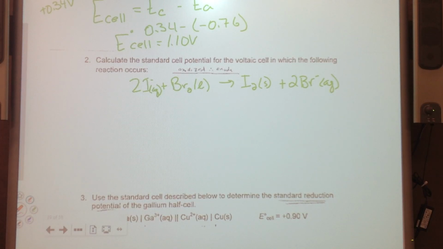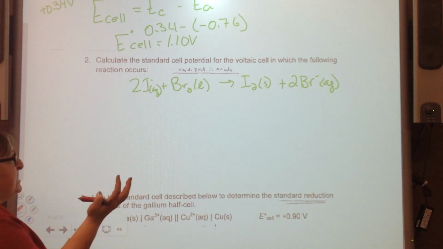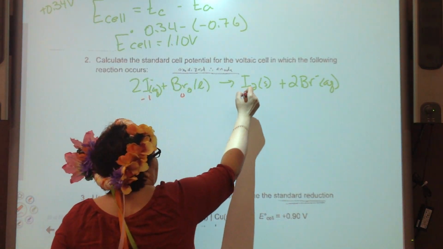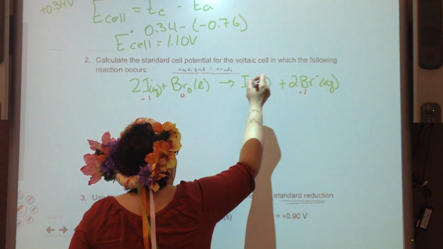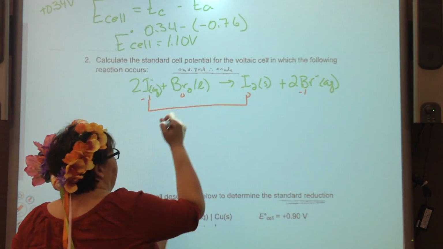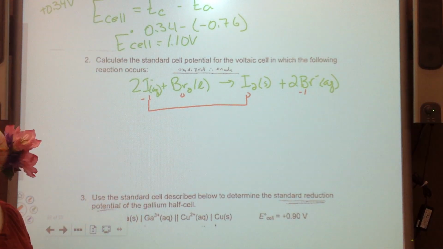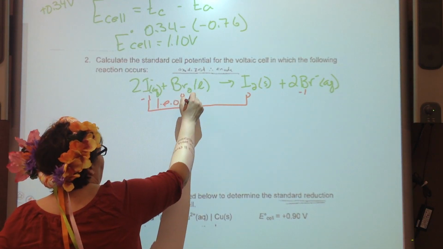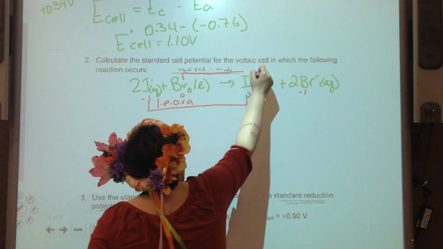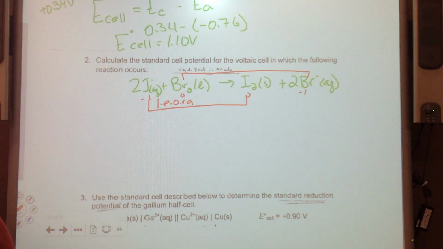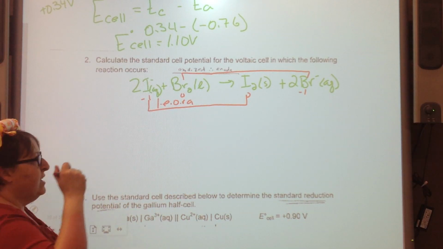Find which one's oxidized and which one's reduced. This is a -1, this is a 0, this is a 0, and this is a -1. So going from -1 to a 0, are we gaining or losing electrons? Losing. And here, going from a 0 to a -1, we must be gaining electrons.